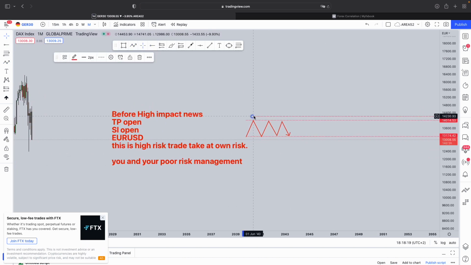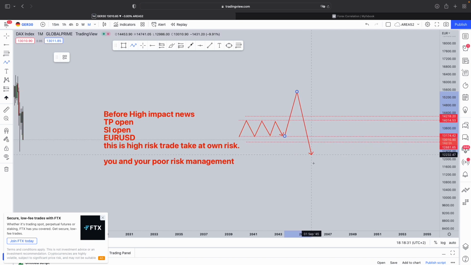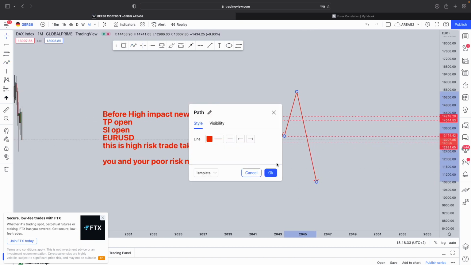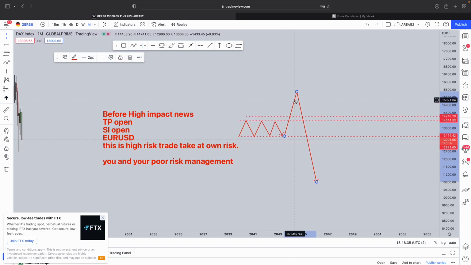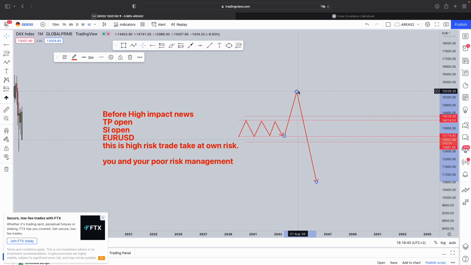These people put a buy stop over there and a sell stop over here, expecting the market to spike. When the market does go up, they say guys, close, or when it goes down, they say guys, close, and they go on Instagram and say guys, we just killed the NFP, or we just killed the FOMC.